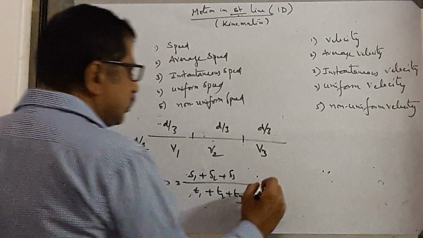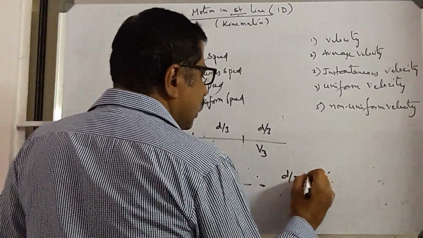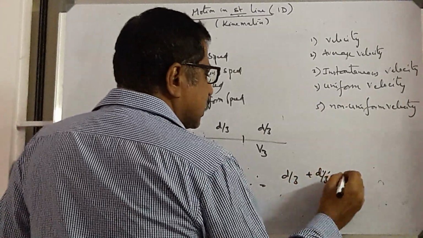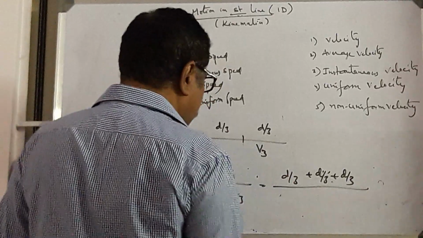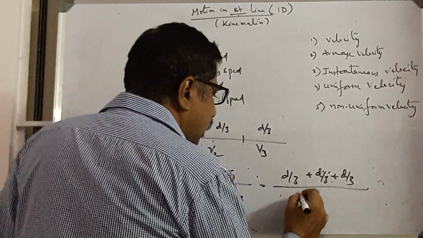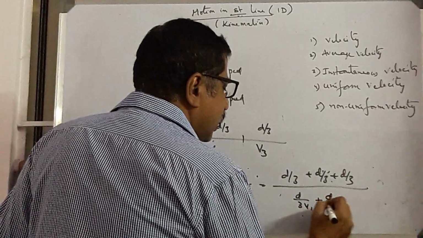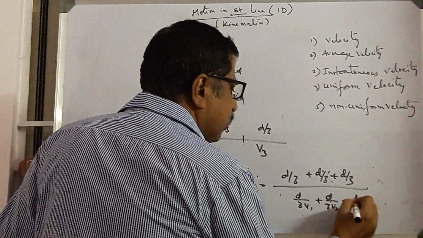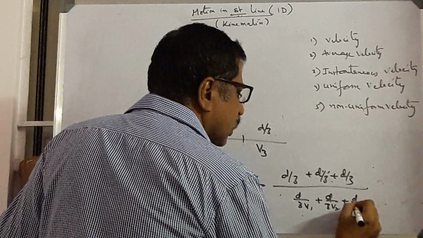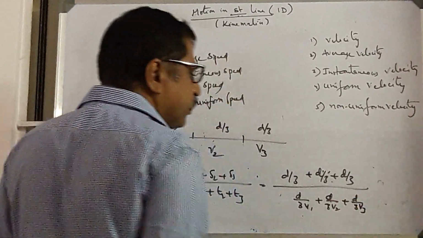We substitute these values in this formula: (d by 3 plus d by 3 plus d by 3) divided by (d by 3v1 plus d by 3v2 plus d by 3v3).